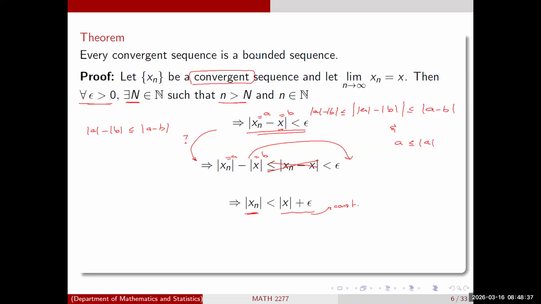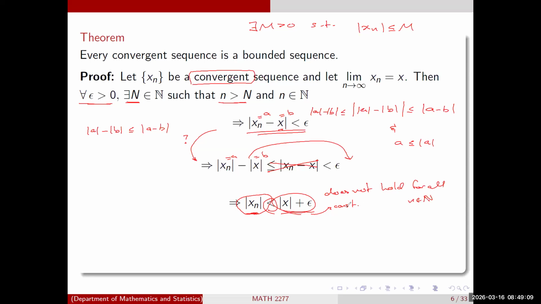And what are we trying to do? We are trying to show that we can find some positive number M such that the magnitude of all the terms in my sequence is smaller than this M. But this inequality does not hold for all n.